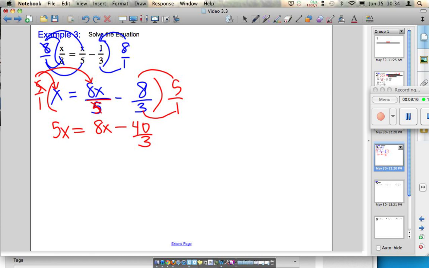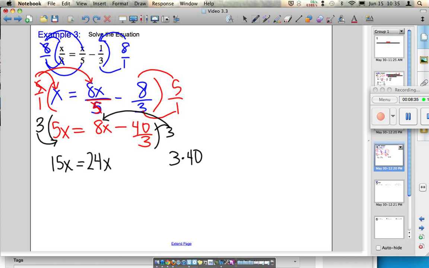So I have one more step to get rid of my fraction, and my last step is to times everything by 3. So 3 times 5x is 15x. 3 times 8x is 24x. And then 3 times 40 over 3, remember that would be 3 times 40 over 3 times 1.